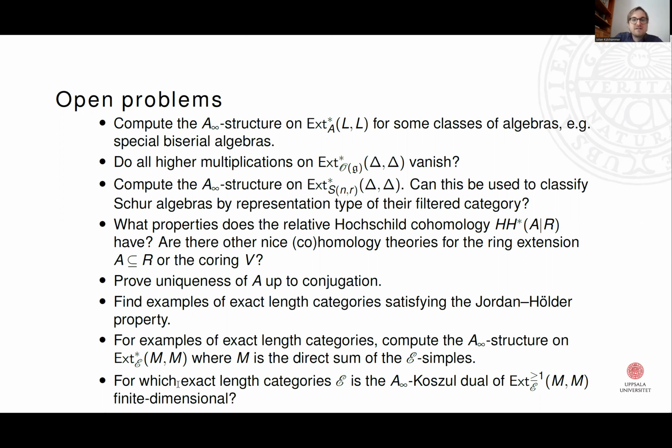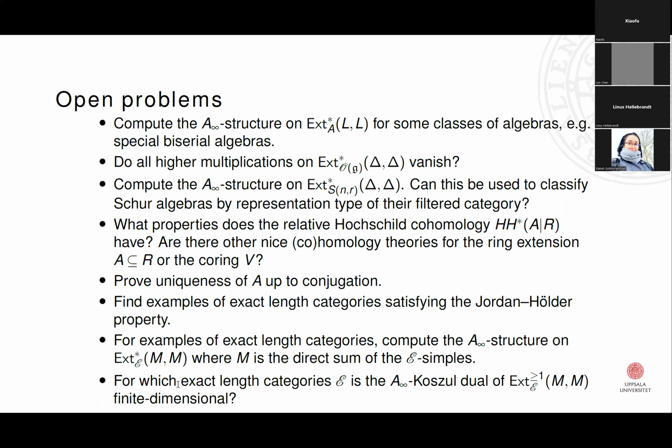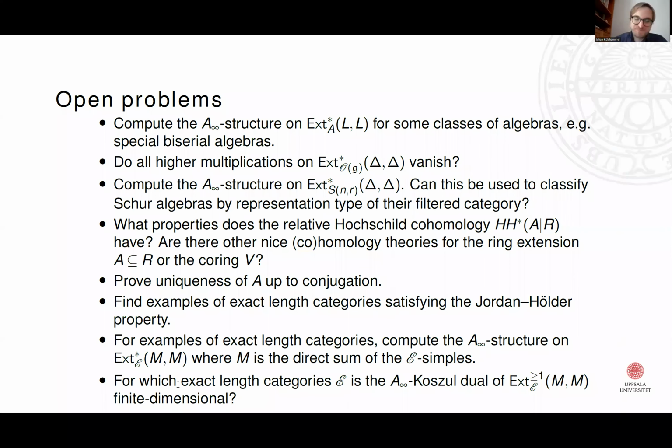Let me just shortly say they are of the type: compute A-infinity structures on certain Ext algebras; develop more tools for these ring extensions A and R; and then think more about this Jordan-Hölder property, maybe how it relates to A-infinity structures; and also this important question: when is the A-infinity Koszul dual of the positive part of the Ext algebra a finite dimensional algebra? Can this be described in other terms? Thank you. That's all I wanted to say in these lectures.